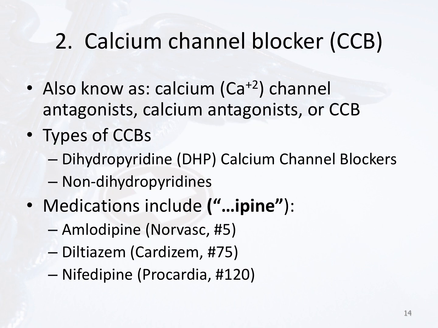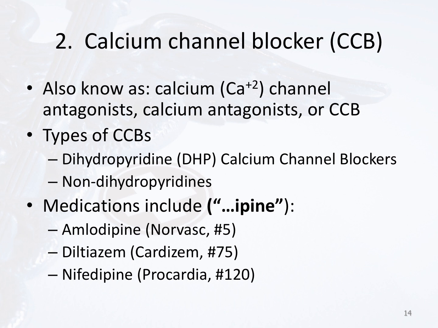The next most prescribed class of antihypertensive medications are called calcium channel blockers, also called calcium channel antagonists or calcium antagonists, sometimes abbreviated CCBs. There are two types of calcium channel blockers: dihydropyridine calcium channel blockers and non-dihydropyridines.